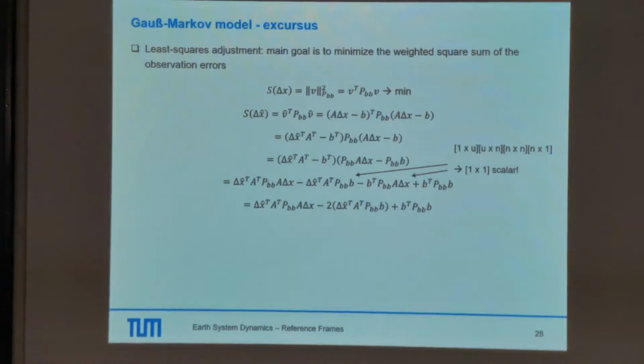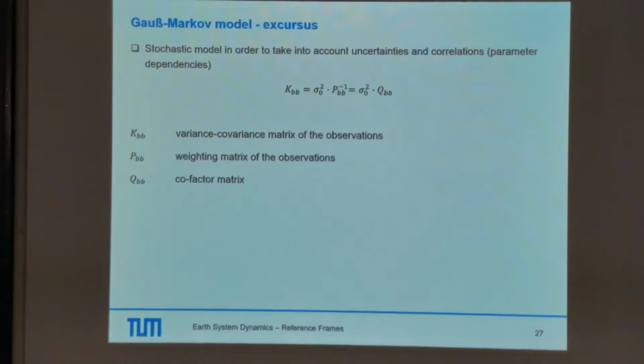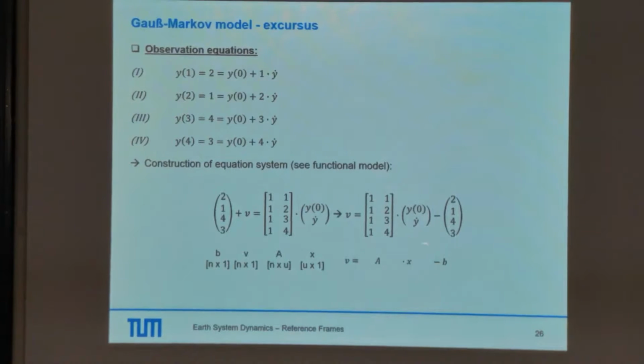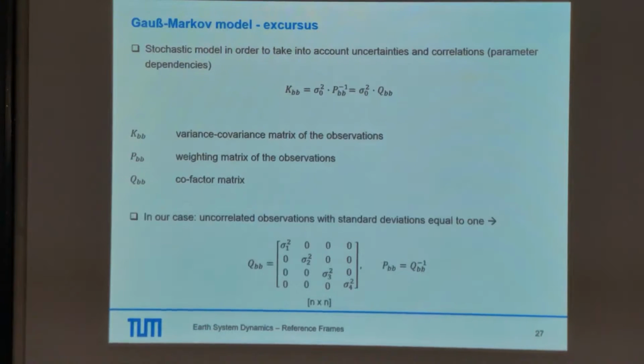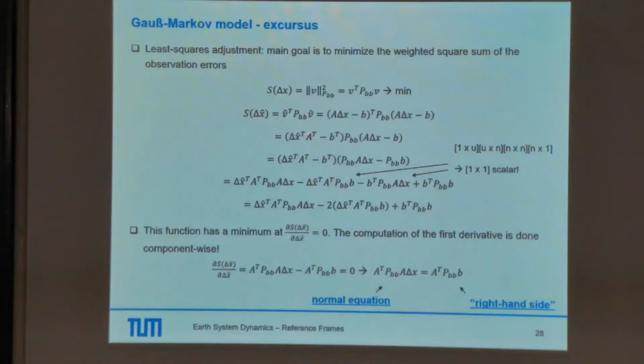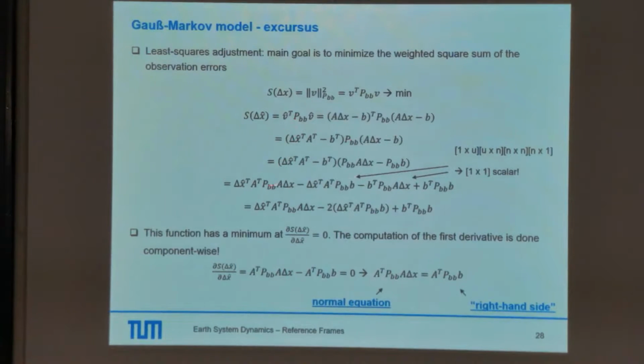How can we estimate such a minimum? We do a partial derivative of this and then insert the v from before into the equation, then reformulate it, and at the end we get this one here.